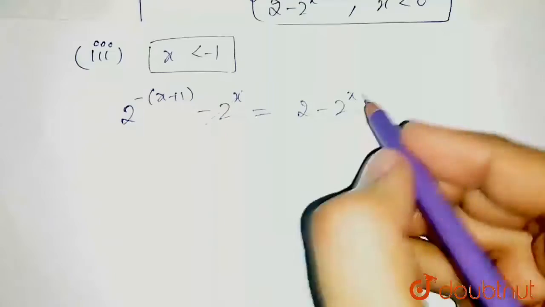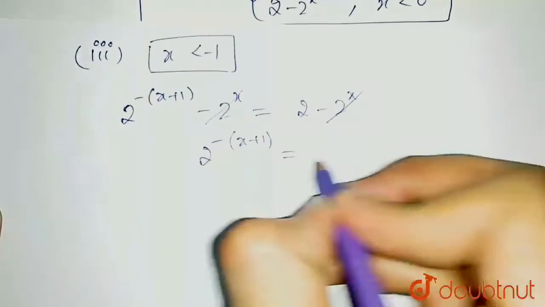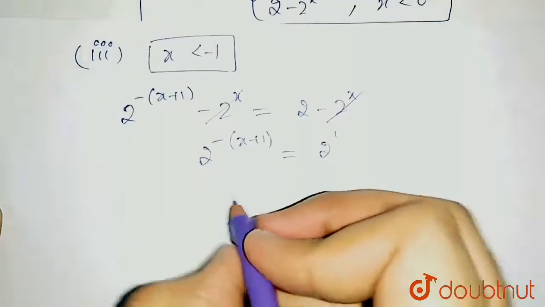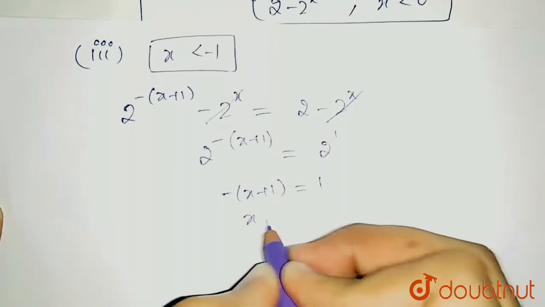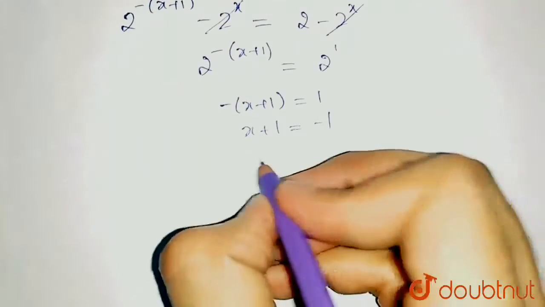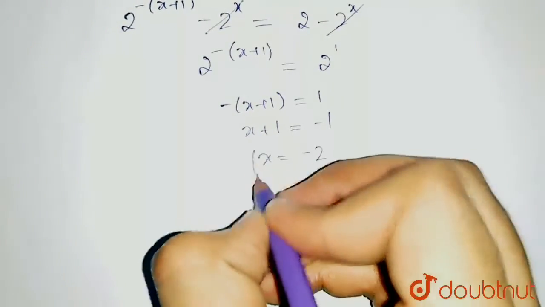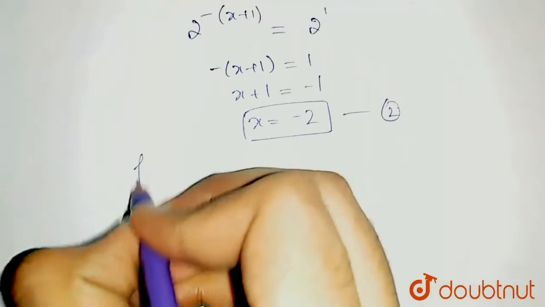So these are cancelled, and we will have 2 raised to the power minus of (x+1) is equal to 2 raised to the power 1. So on comparing, minus of (x+1) is equal to 1. So x+1 would be equal to minus 1. So x should be equal to minus 2. This is second.